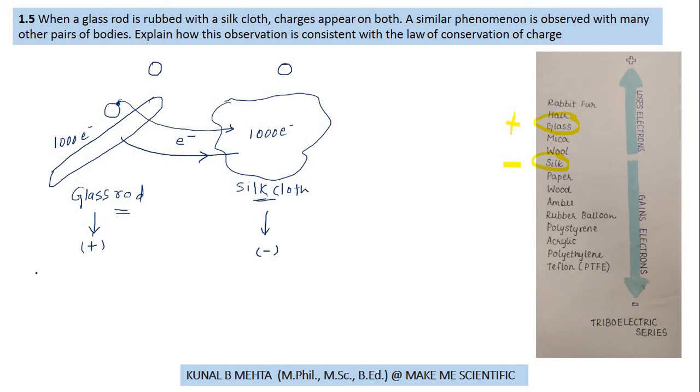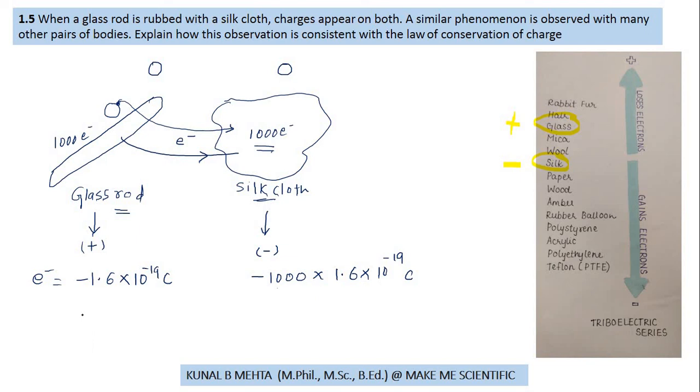But now we know that the charge of a single electron is minus 1.6 × 10^-19 coulomb. Since the silk cloth is gaining 1000 electrons, its charge will be minus 1000 × 1.6 × 10^-19 coulomb. Actually it is 1000 into minus 1.6, but anyhow I have written the total charge over here.